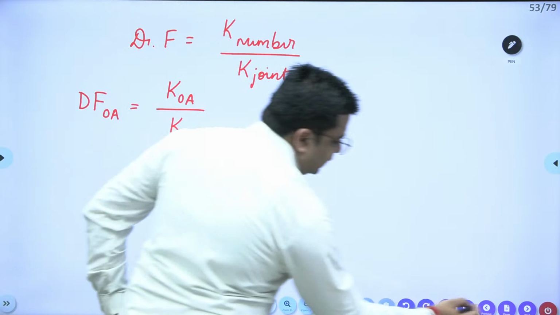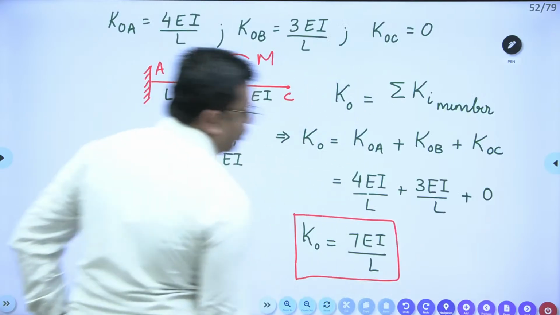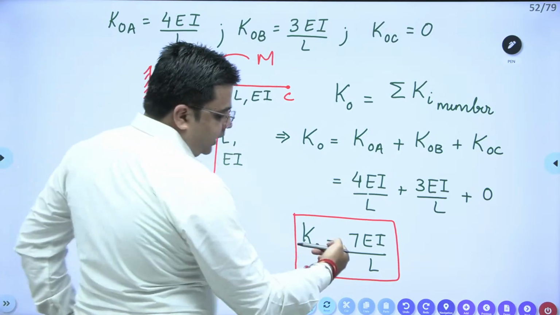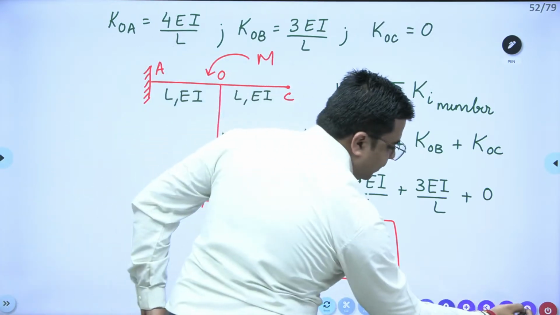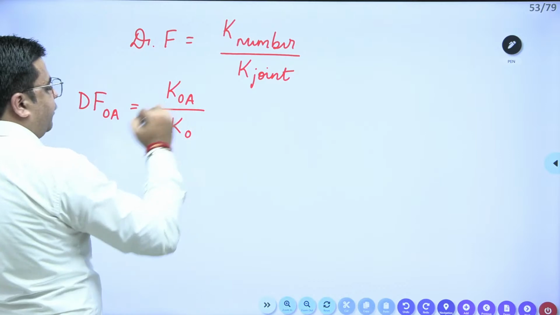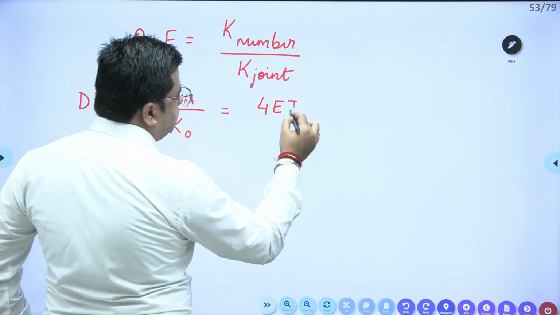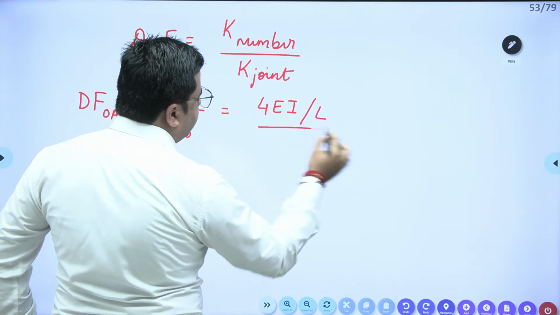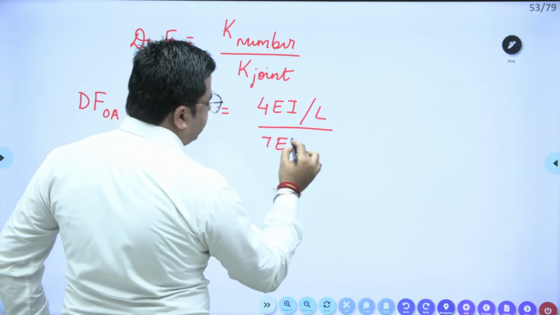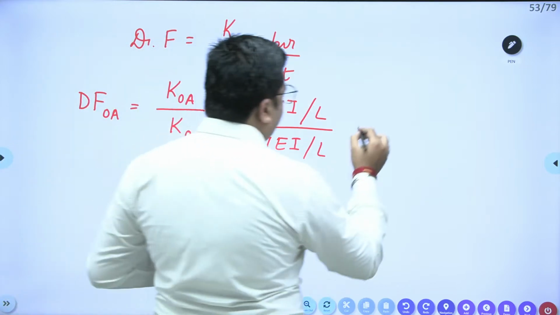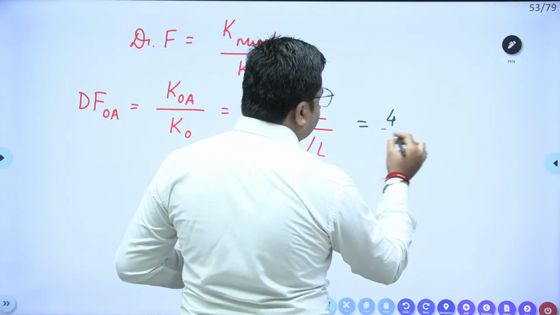As we have seen, the stiffness of member OA is 4 EI by L and the total stiffness is 7 EI by L. So the distribution factor for member OA is 4 EI by L divided by 7 EI by L, which comes out to be 4 by 7.